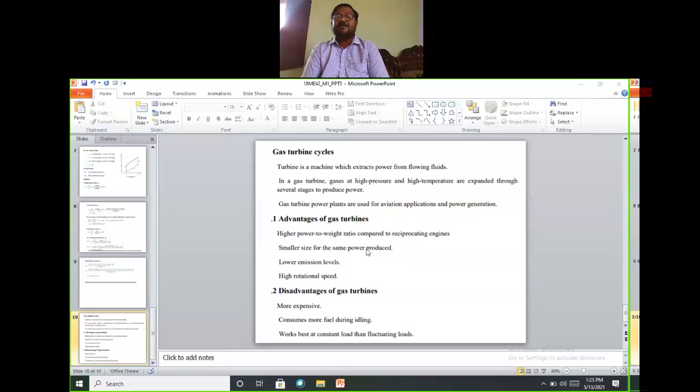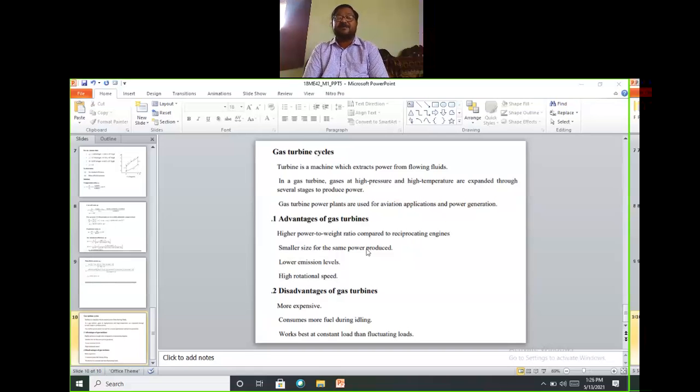And also power generation. In power generation, maybe a steam power plant, nuclear power plant, or coal-based power plant, any type of power plant, without a turbine you can't generate the power. Only the thing is, here a gas turbine is used.